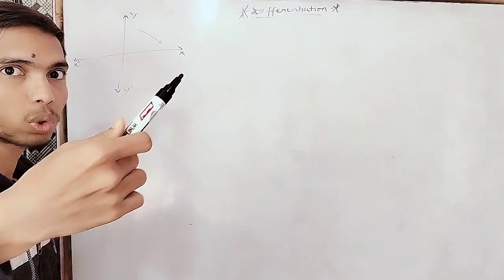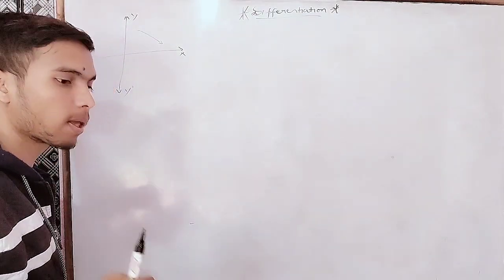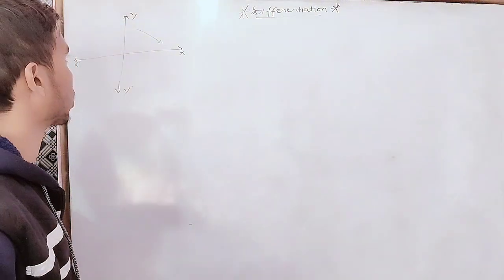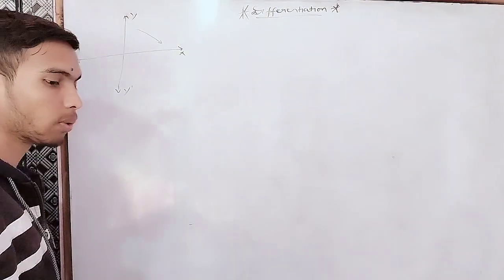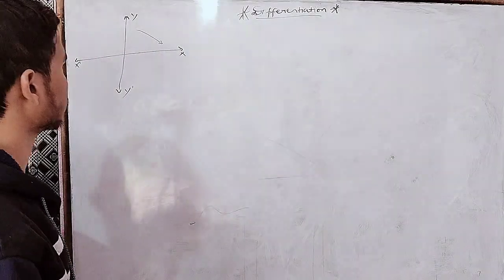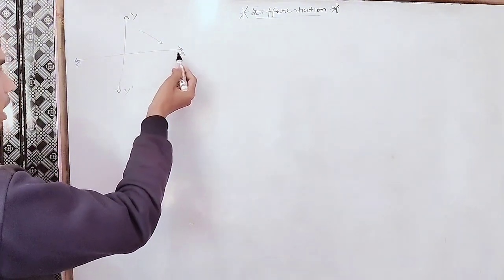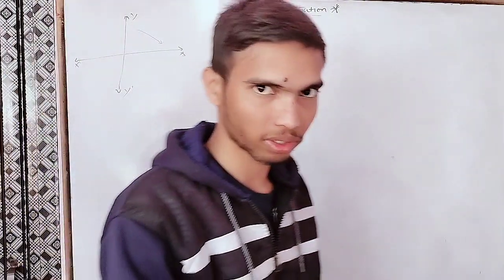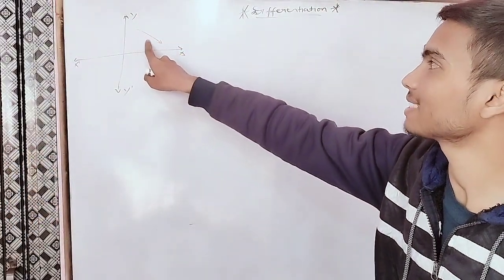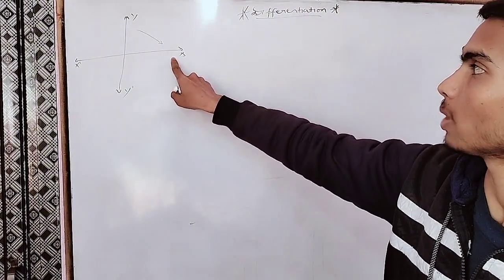So with respect to x, we are here. Then we come downward, till here, we come more downward, more downward. So with respect to x, our slope is decreasing. We are looking at y. Why is decreasing with respect to x?